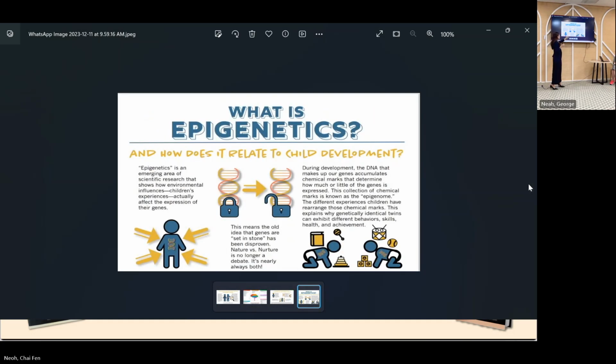Yes, here. This means the old idea that genes are set in stone has been disproven. We talk about nature and nurture. Nature means you have these 2 intelligences as your best. No, based on epigenetics, the latest research as well as the mechanism I've been using for the past 4 to 5 years, the child did a DNA report.